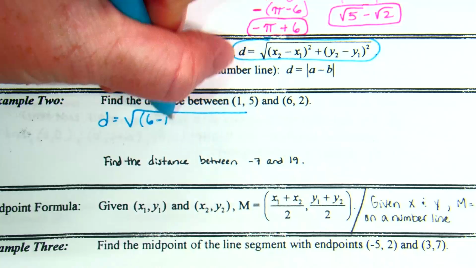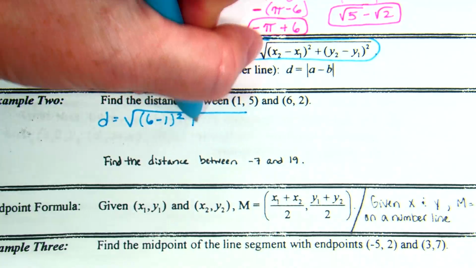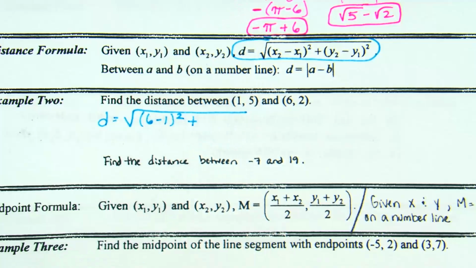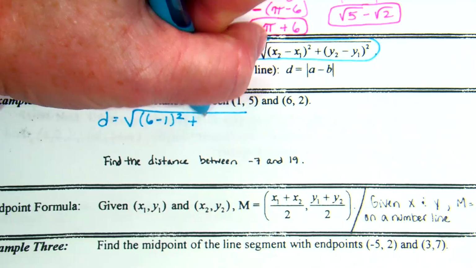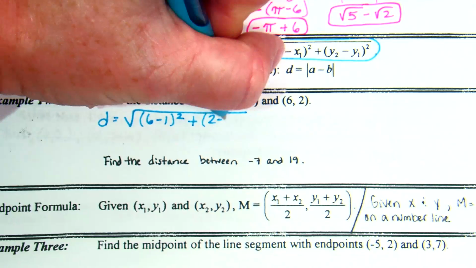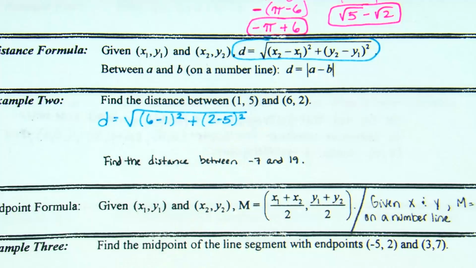So I'm going to go 6 minus 1 quantity squared. Plus, now we do the y's. Officially, I should be consistent. So since I said 6 minus 1 on the first one, then for the second one I should say 2 minus 5. Well, I'll be honest, we're going to square those quantities, so it's not going to matter.